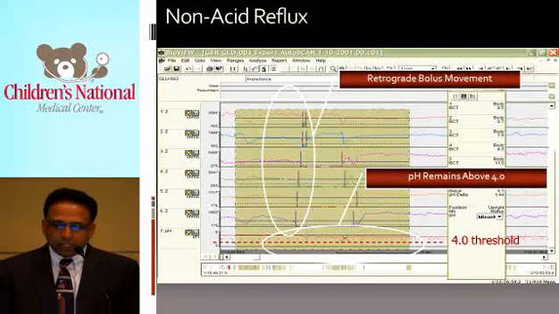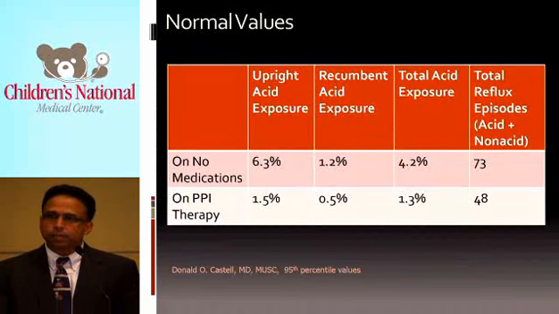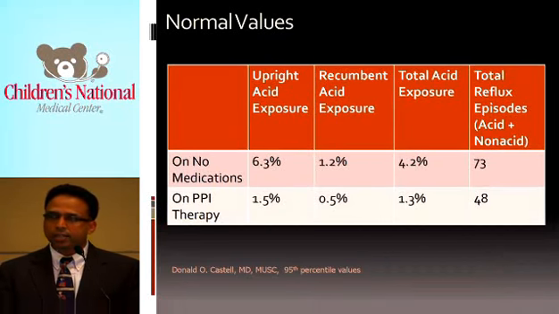So if you see an episode like that with apnea and there was no drop in pH, then you know that you are seeing apnea associated with non-acid reflux. And these are the normal values that are taken from adult data for both patients who have the study done on PPI versus not on PPI.